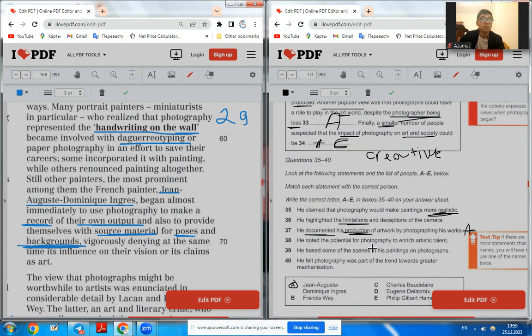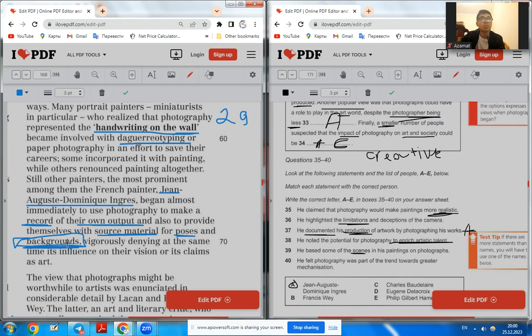He noted the potential for photography to enrich artistic talent. Nothing about enriching artistic talent. He based some of the scenes in his paintings on photographs. Yeah, poses and backgrounds is a scene, right? He uses photography to provide source material for poses and backgrounds.